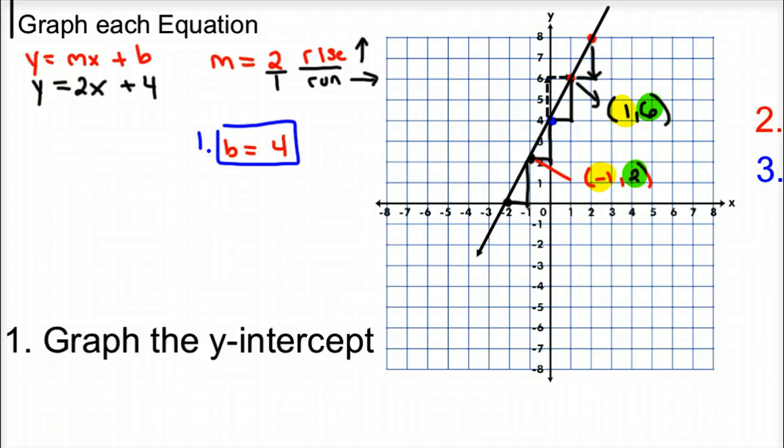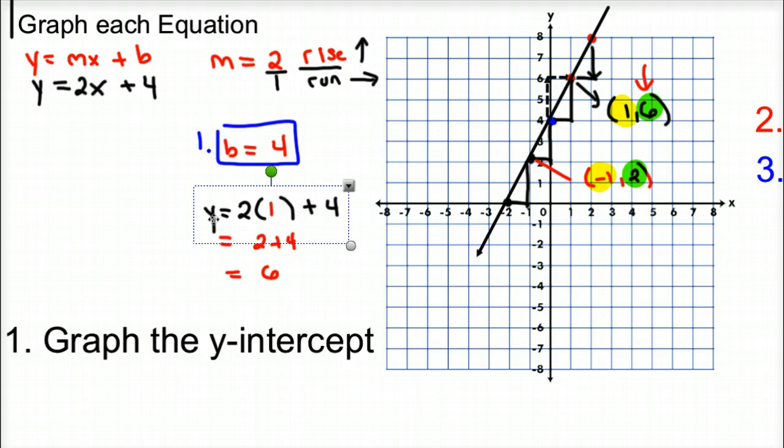Let's test to see if that's correct. So we got y equals 2 times whatever my input is plus 4. Now my first input here, we're going to plug in 1, and we should get an output of 6. Is this true? 2 times 1 is 2, plus 4 equals 6. So my first one checks out.